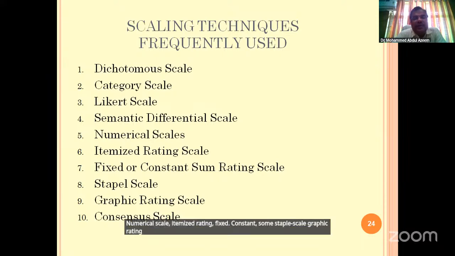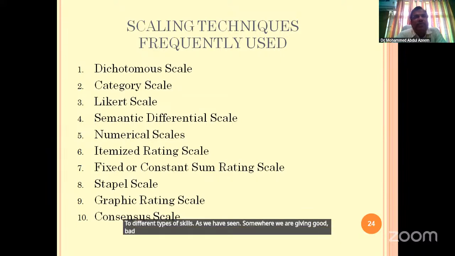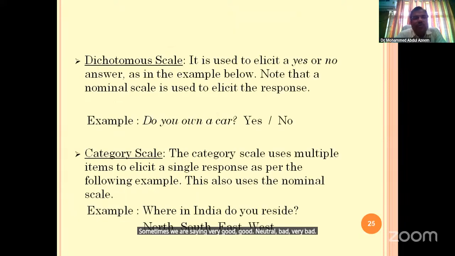All these scales are either part of nominal, ordinal, interval or ratio. These are the names given to different types of scales. As we have seen, somewhere we are giving good, bad, both the sides, and between we are putting 1, 2, 3, 4, 5. Okay. Sometimes we are saying very good, good, neutral, bad, very bad. Okay. So these are a few types of scales which are used.